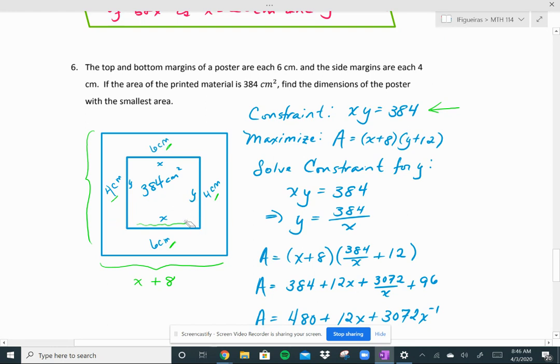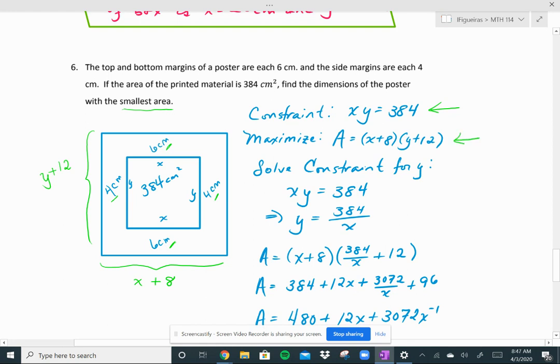Similarly, if I look at my y dimension, it is this length right here, but then I have 6 more here and 6 more here. So this side is expressed as y plus 12. So those are the dimensions of the poster that I need to minimize, because we're looking for the smallest area possible. So here's our formula to minimize.